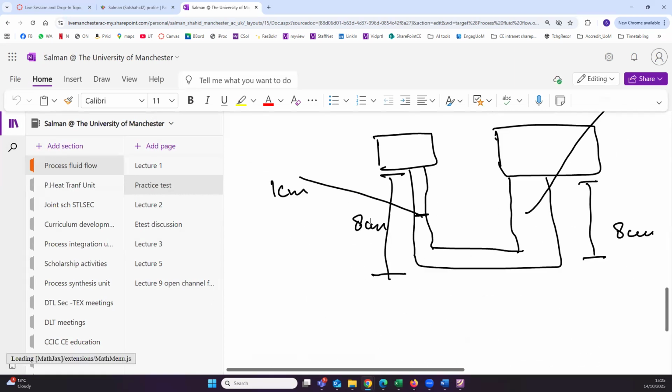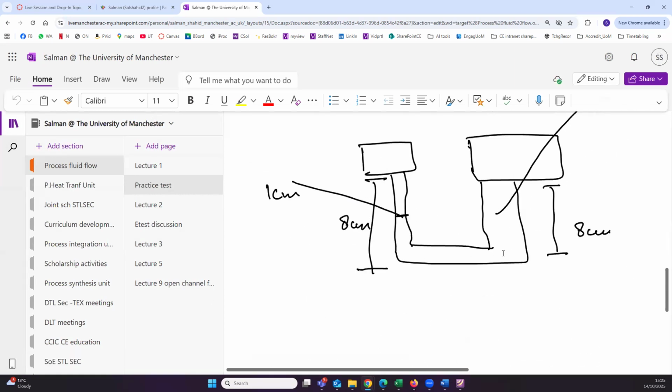Okay, so this was the question, and what they are asking is, if this is the shape, where there is a smaller container and here there is a big container, and they are connected by the same fluid, would the pressure at point A and pressure at point B be different? No, it will be the same.